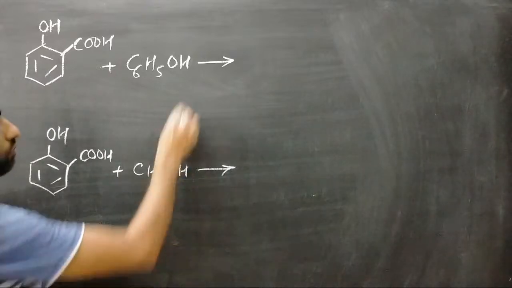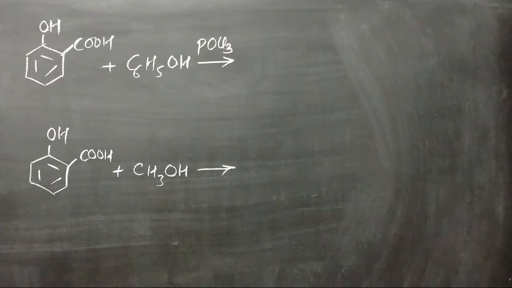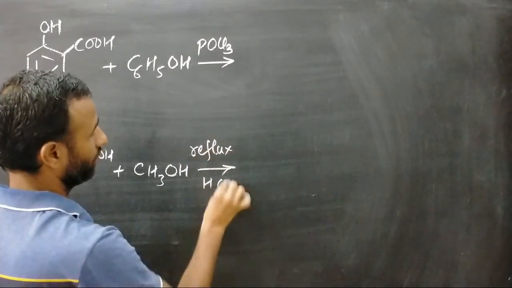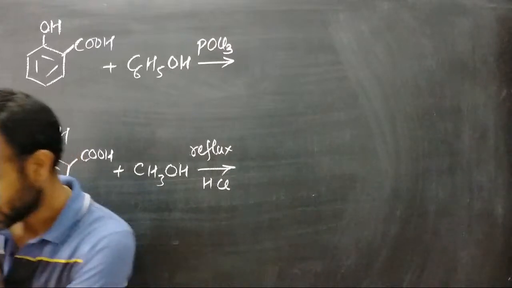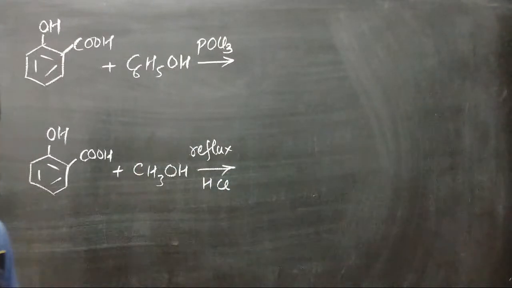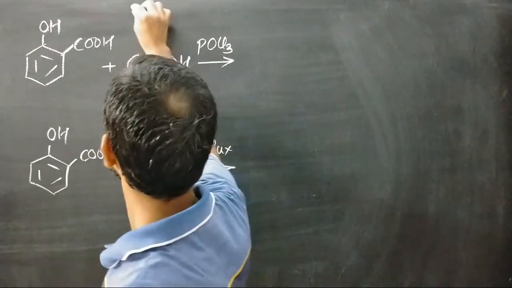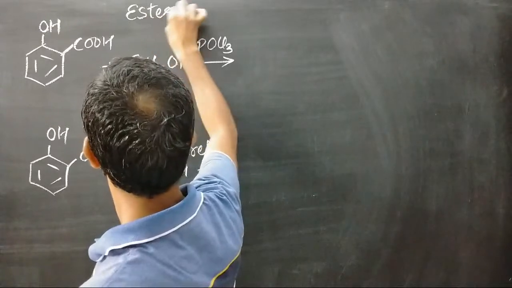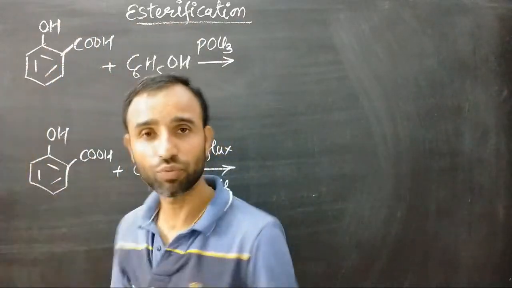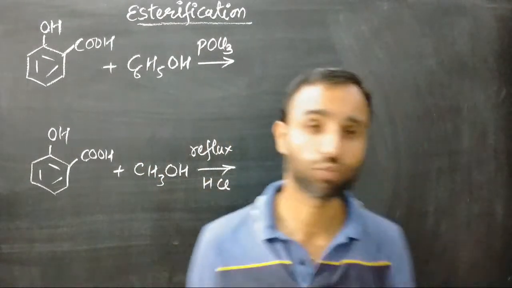Phenol in the presence of POCl3 and methanol in the presence of HCl. Refluxing with HCl. Yes. What are the products formed? Again, reaction is esterification. Okay. Because it can act as phenol as well as carboxylic acid. Okay. So what are the products formed? Write fast.